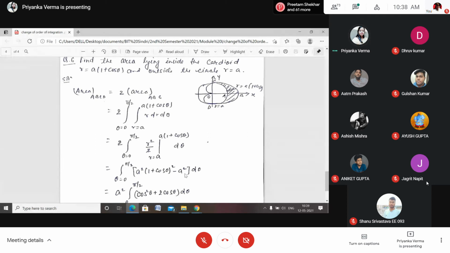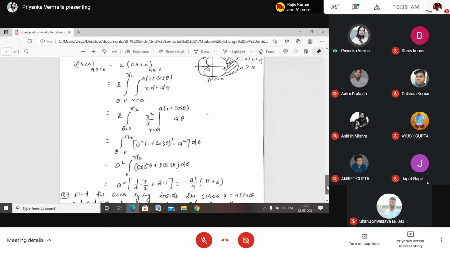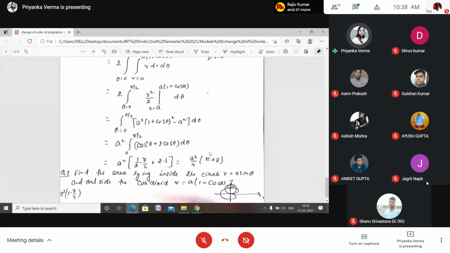Expand it as (a plus b) whole square, and the minus 1 cancels out, so only these terms remain. Now integrate it, put the limits, and you will get the answer. This is a square by 4 times (pi plus 8). Okay, this question is for you.